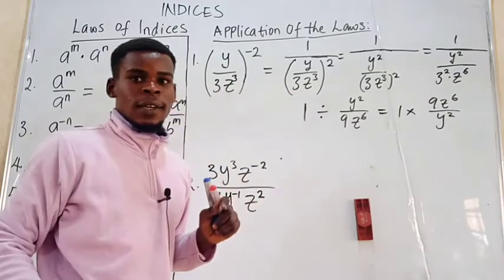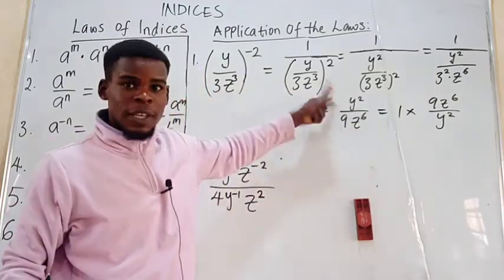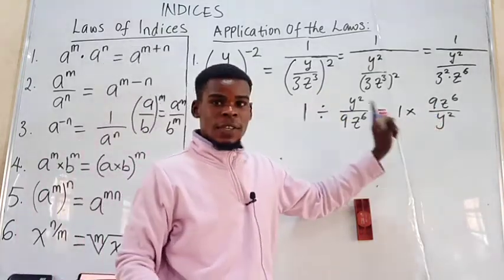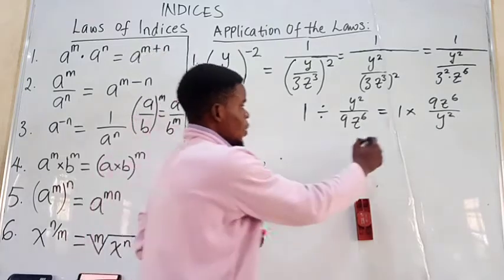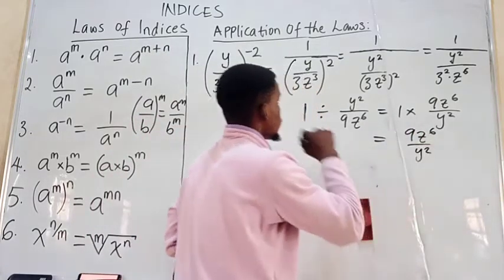That is just by changing it to multiplication. We take the multiplicative inverse of this. So we multiply everything here by 1, and in fact it just remains like that. So the result here is going to be 9z to the power 6 over y to the power 2.